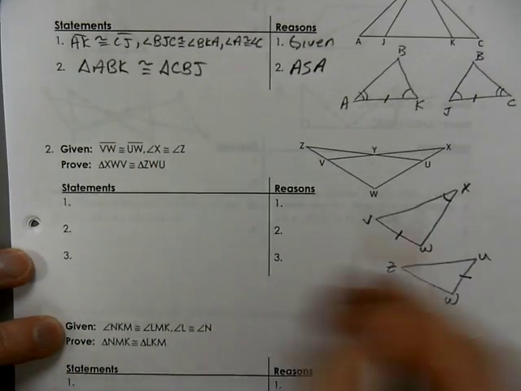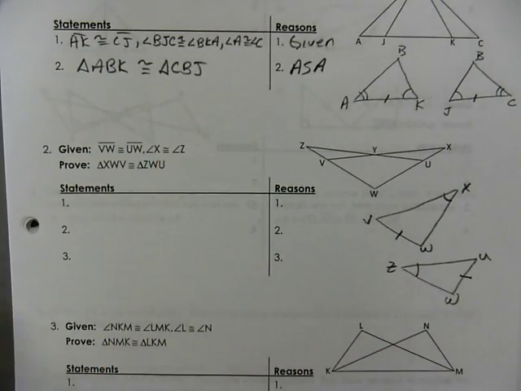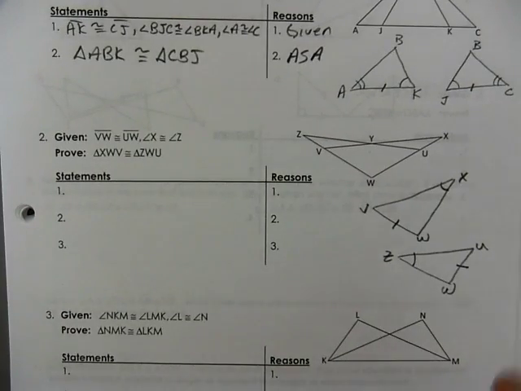Angle X is congruent to angle Z. Now what's a third bit of information that we know for sure? This is a tricky one. We don't usually see it like this.